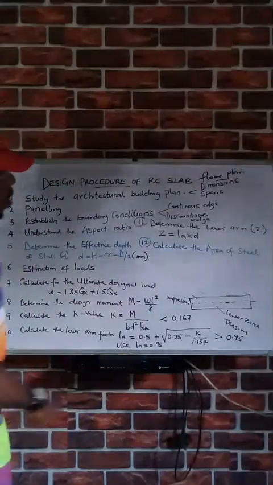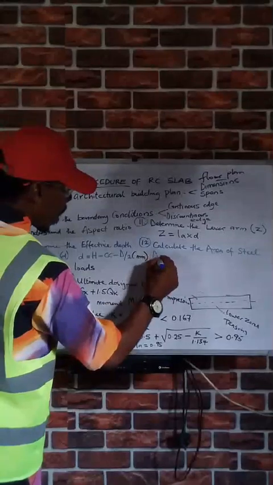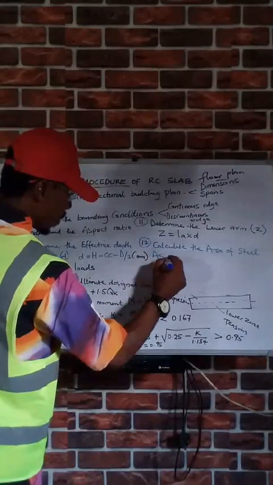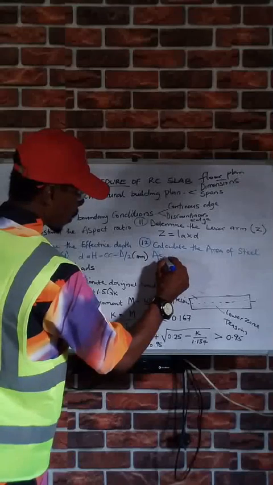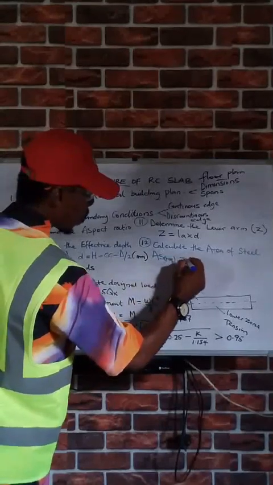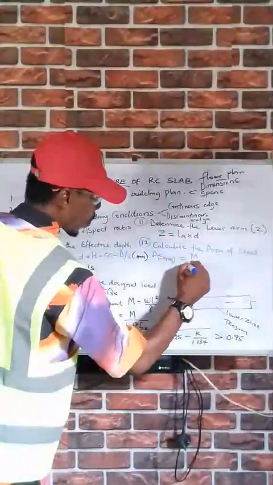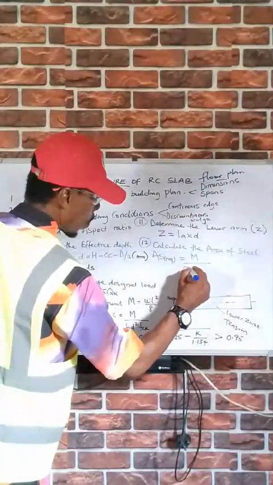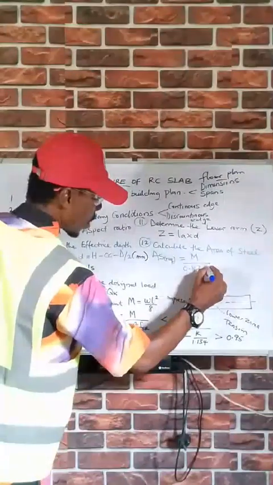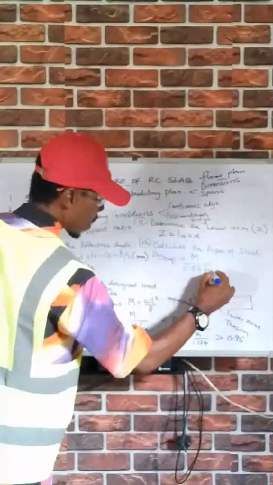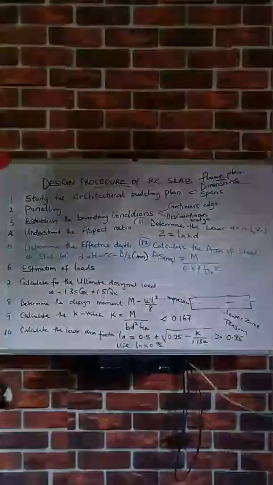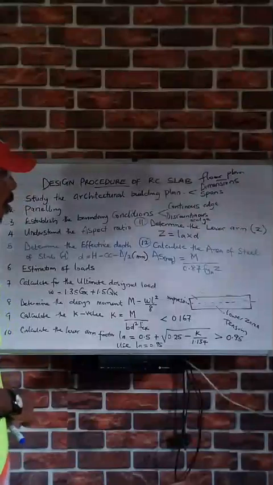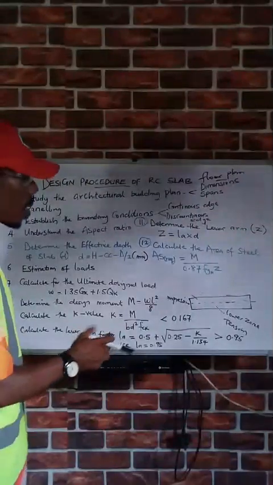So the area of steel, AS required, is equal to M divided by 0.87 FYK Z. This is what is provided by the code.